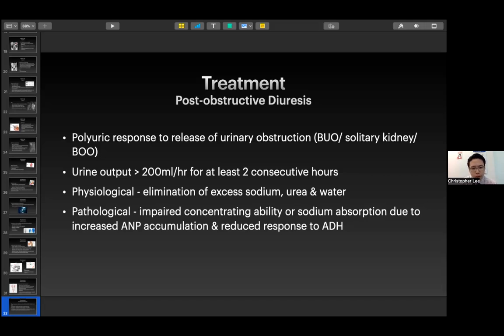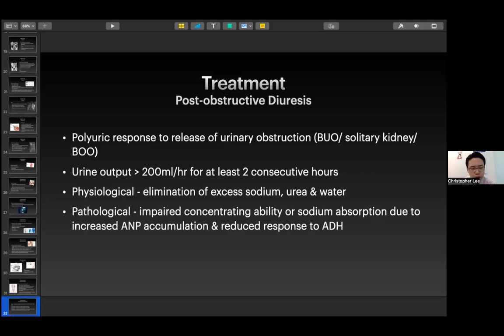The causes can be physiological and pathological. In the physiological phase, the diuresis occurs to eliminate excess sodium, urea, and water that has been accumulated during the time of obstruction.